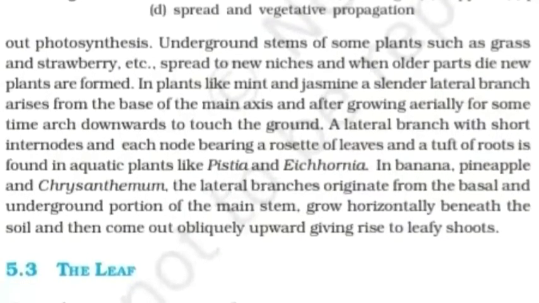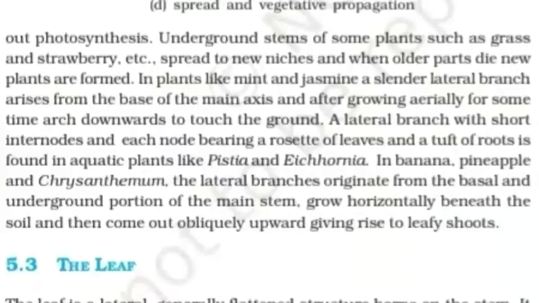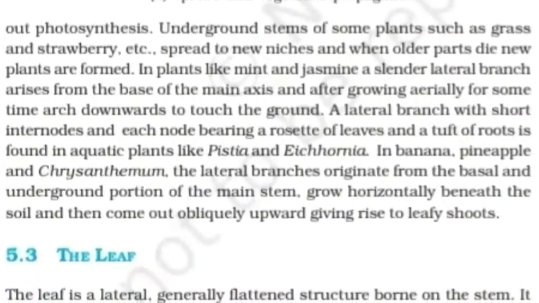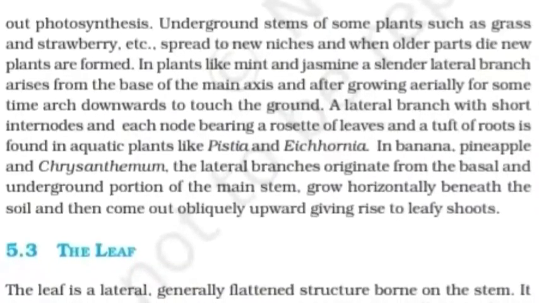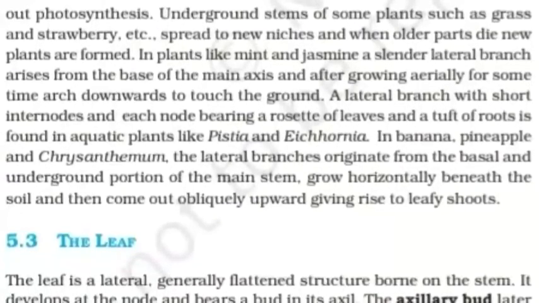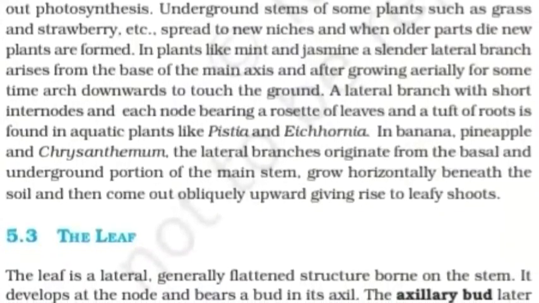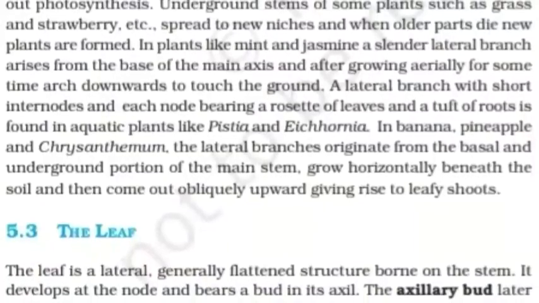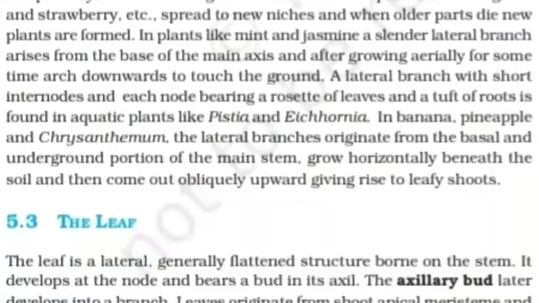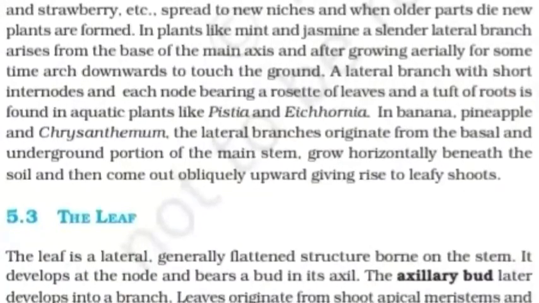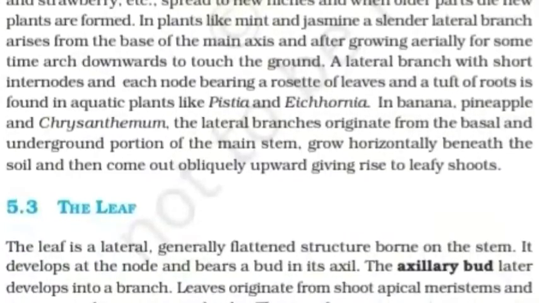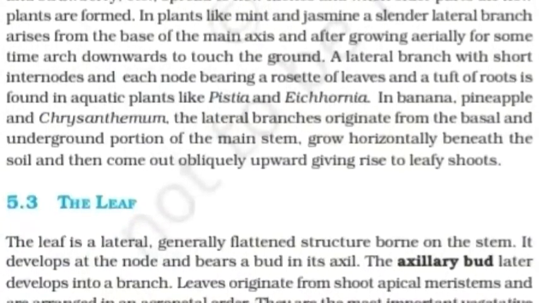aerially for some time, arches downward to touch the ground. A lateral branch with short internodes and each node bearing a rosette of leaves and a tuft of roots is found in aquatic plants like Pistia, Eichhornia, in banana, pineapple, and chrysanthemum.